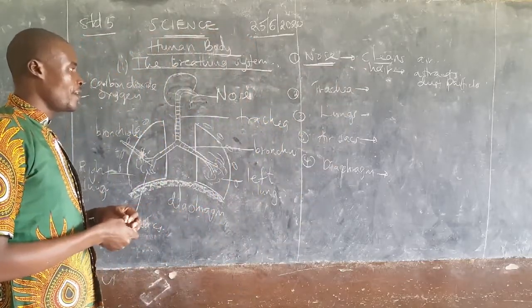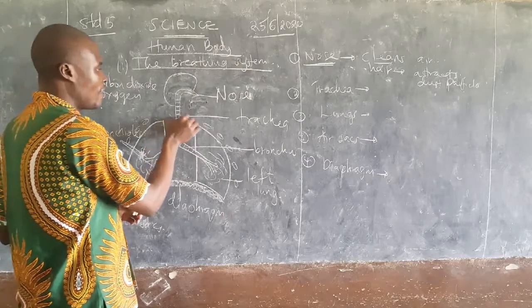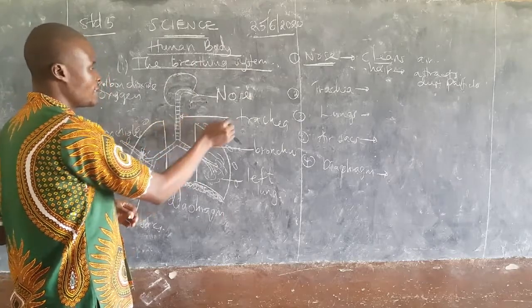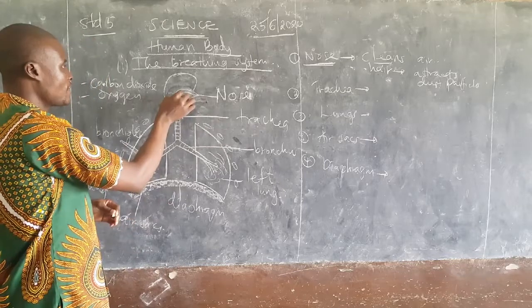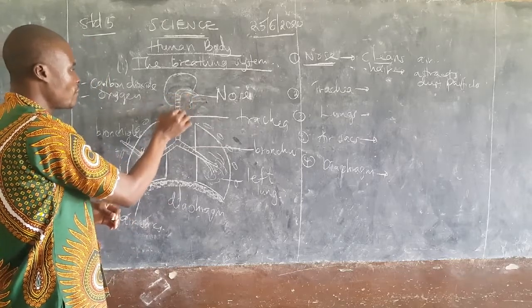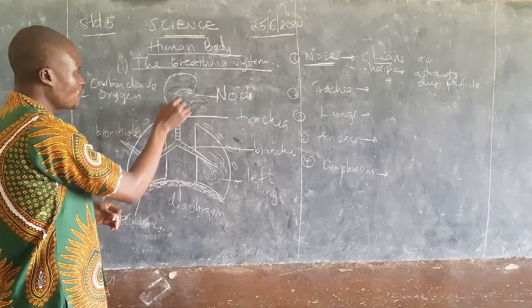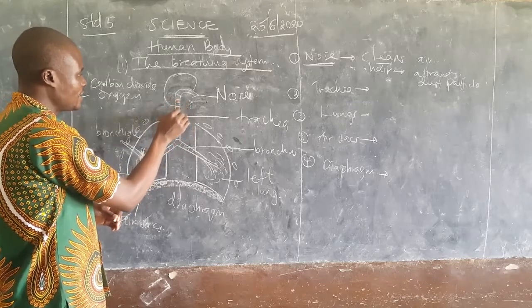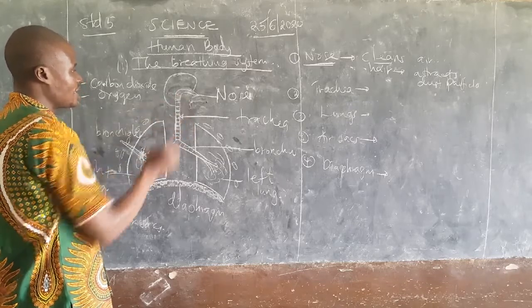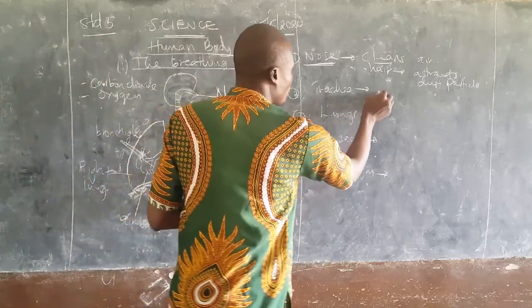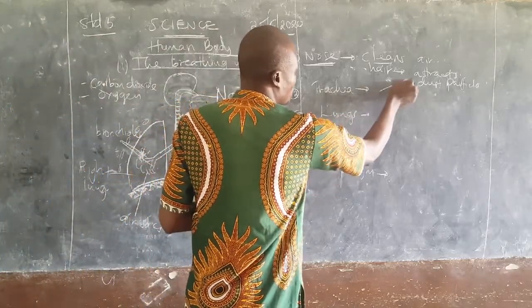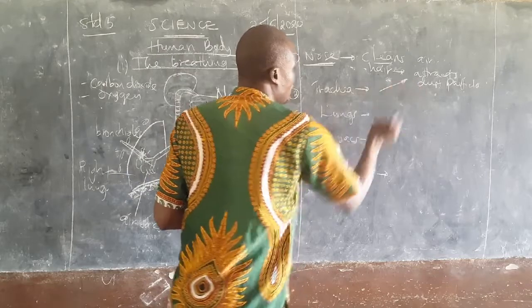Then number 2, we have the trachea, which is made of ring-like structures. The trachea as well has hair-like structures in it that help to attract dust particles, the same thing. It also helps in cleaning the air.